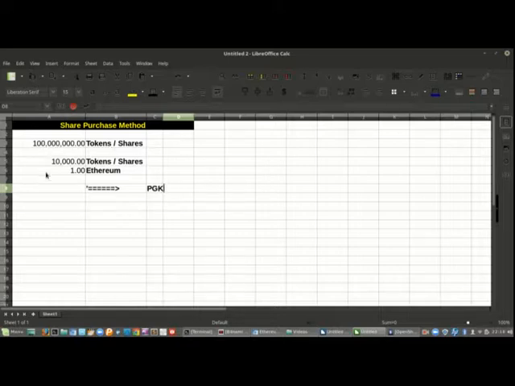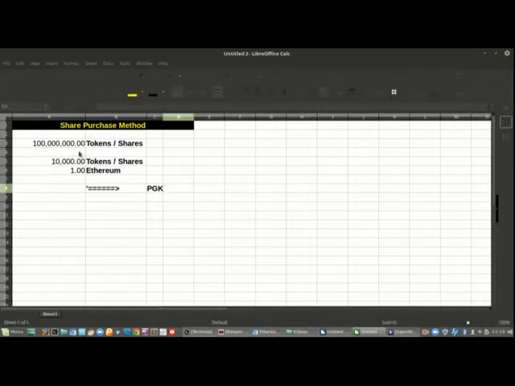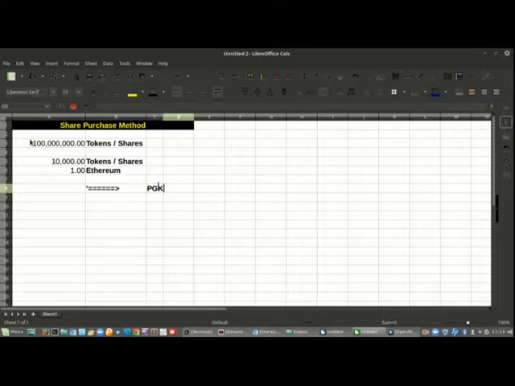As per this breakup here, in order to purchase 10,000 tokens or shares out of the total 100 million, you would need 1 Ethereum. In order to purchase 20,000 tokens or shares, you would need 2 Ethereum, and so on and so forth.